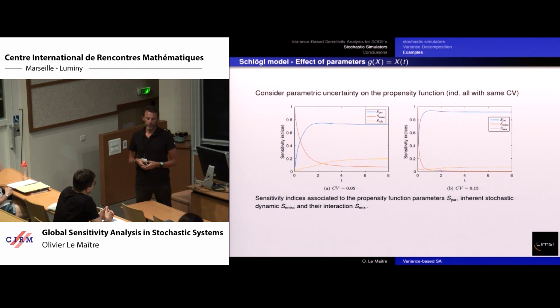That's one point. Second point is that the approximation techniques we are using, polynomial chaos, honestly, are not that good at enforcing positivity. So expanding a density can be problematic.